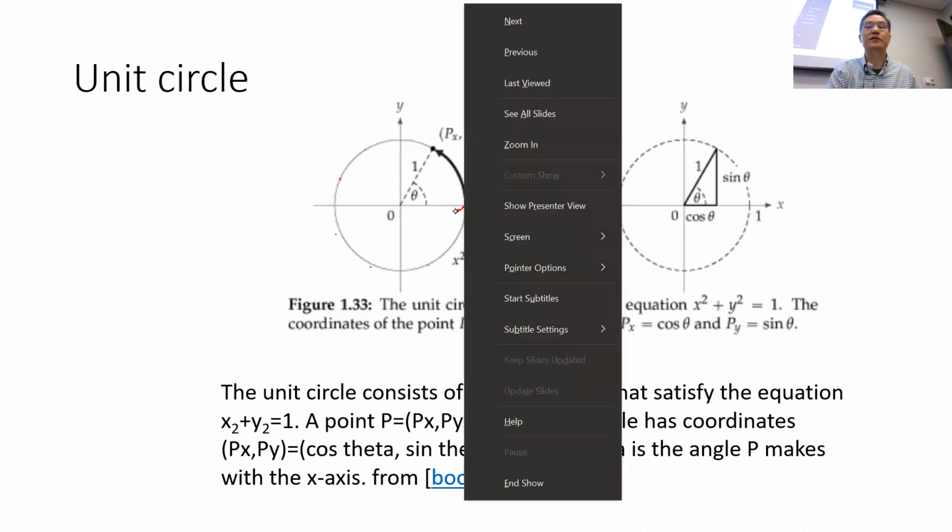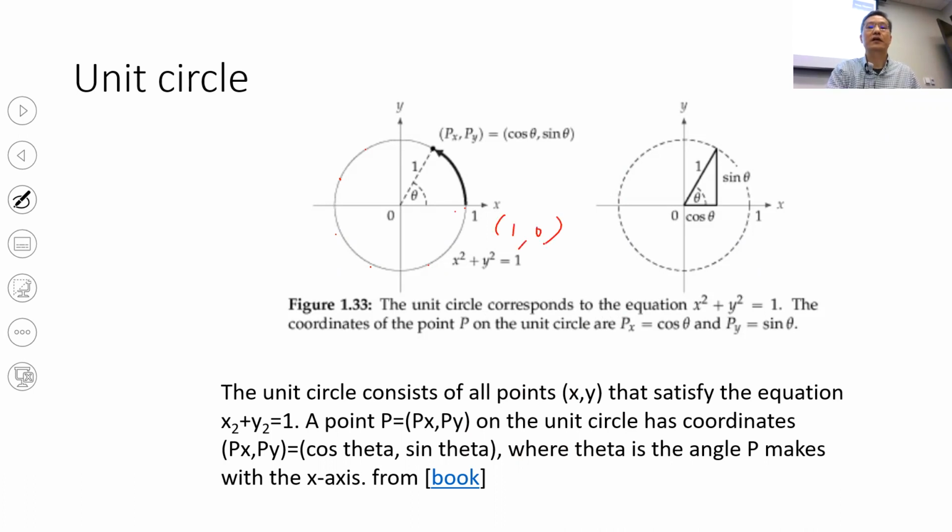So in this position on the right is 1, 0, and this position is 0, 1. This one is minus 0, right? And so if this is 45 degrees here, the coordinates of this point will be 1 over square root of 2, okay? 1 over square root of 2.